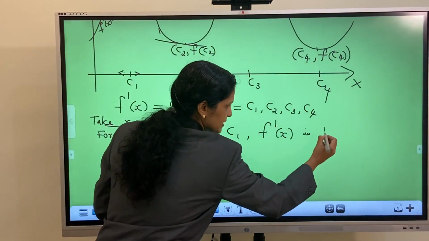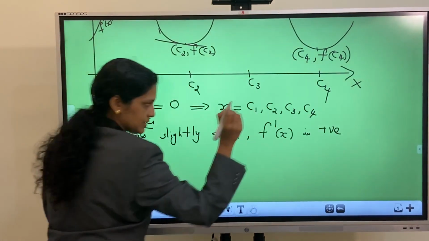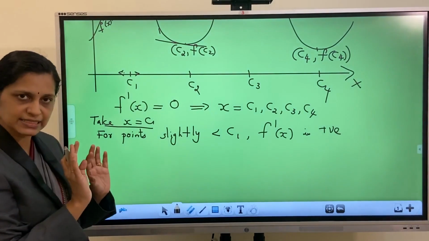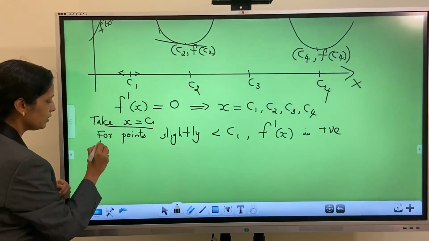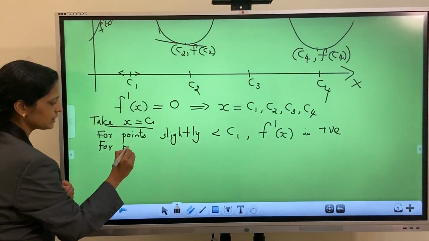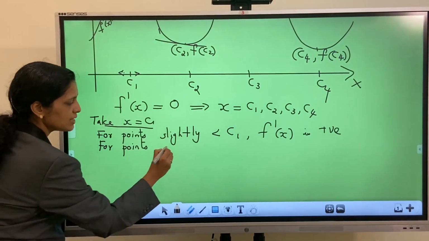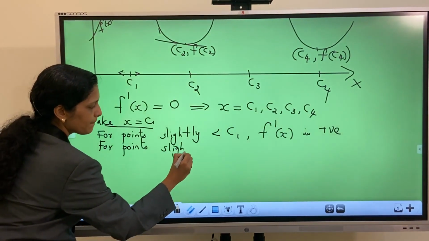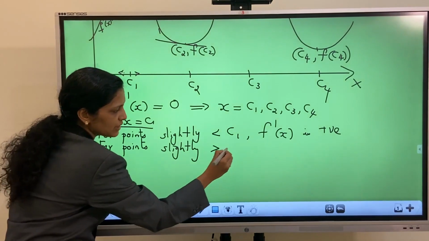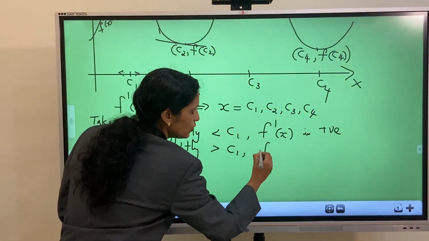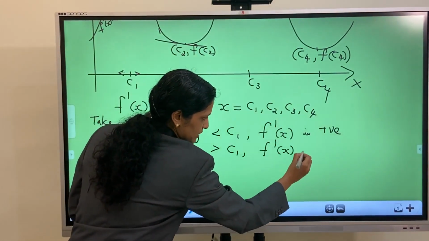If f dash x is positive, write f dash x is positive. Just look at the sign of the value. Then after that, take points slightly greater than C1 and look at the sign of f dash x.